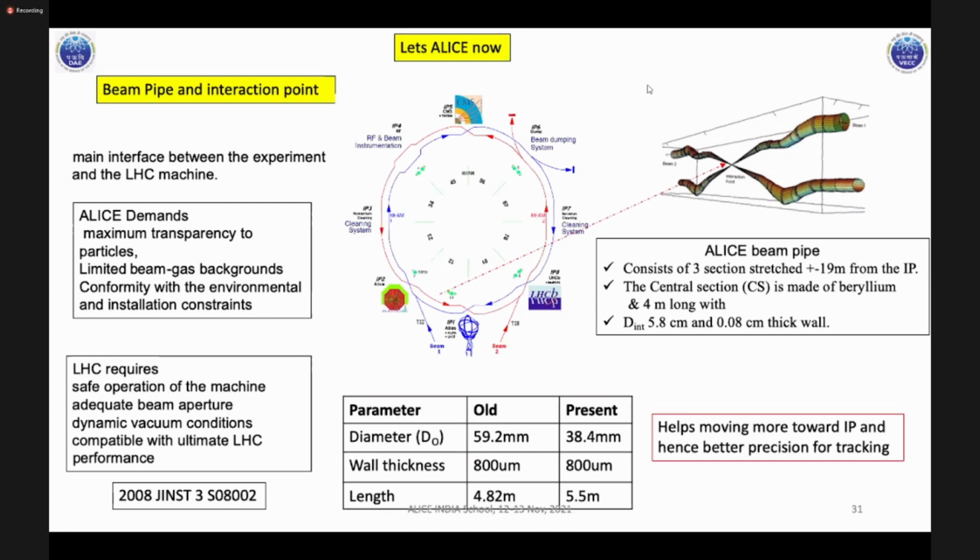That's why at experimental sites these beam pipes are made with beryllium. In the rest of the places, they are not made with beryllium; they could be copper or stainless steel. And then limited beam gas backgrounds, in conformity with the environmental and installation constraints. This is the requirement from the experiment.